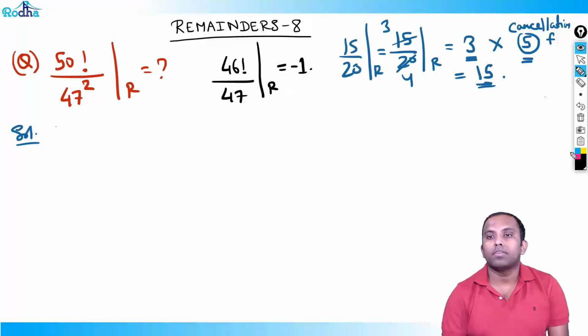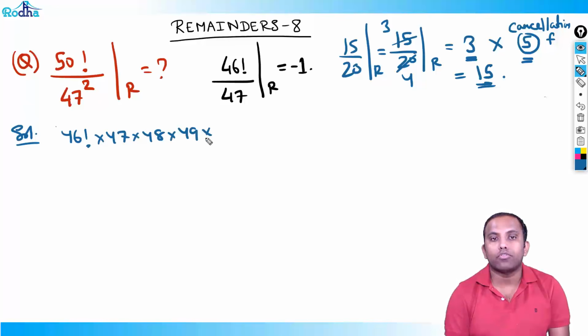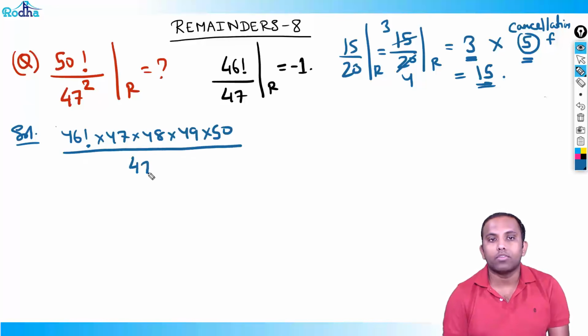This is the concept behind this question. So it's 46 factorial into 47 into 48 into 49 into 50, divided by 47 square.